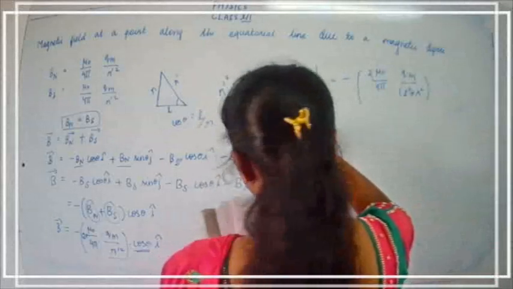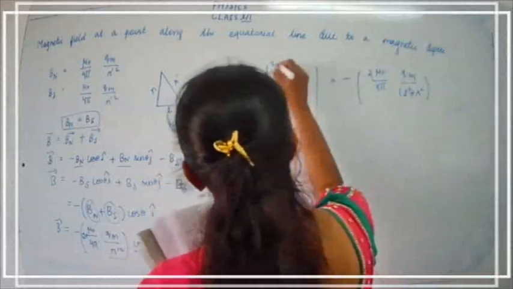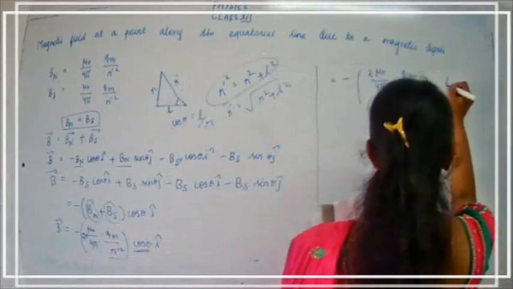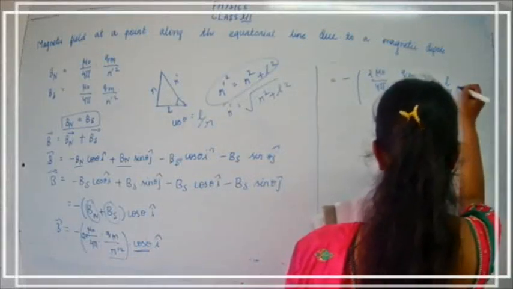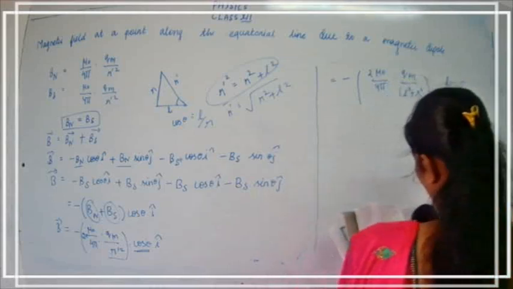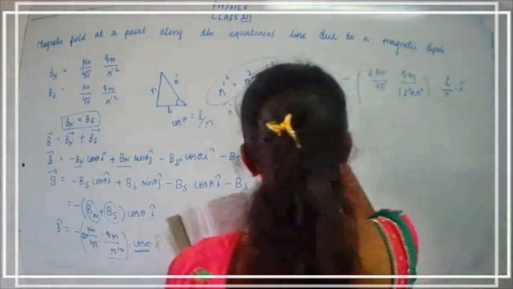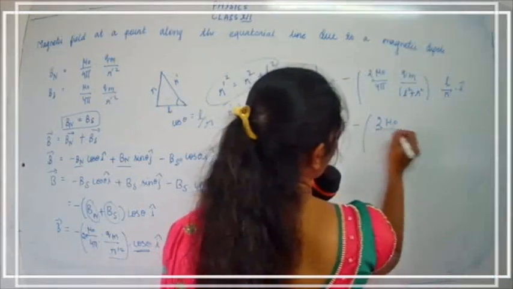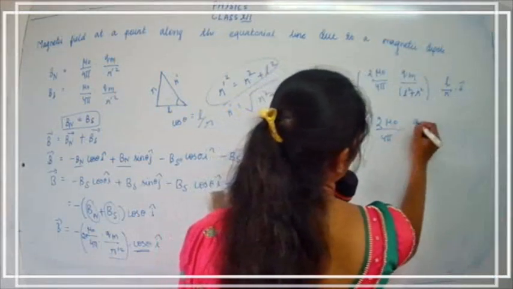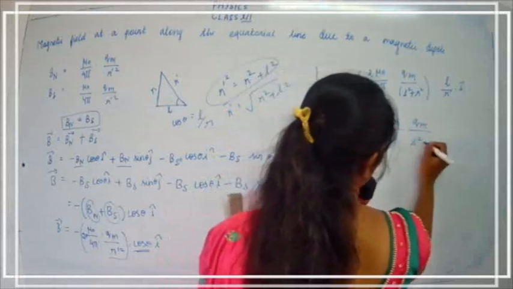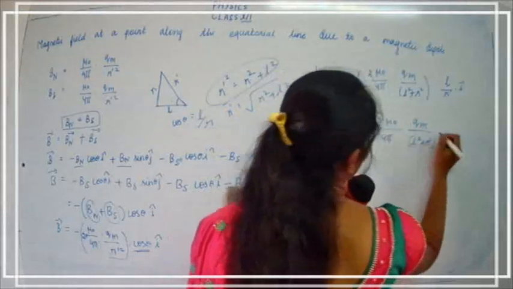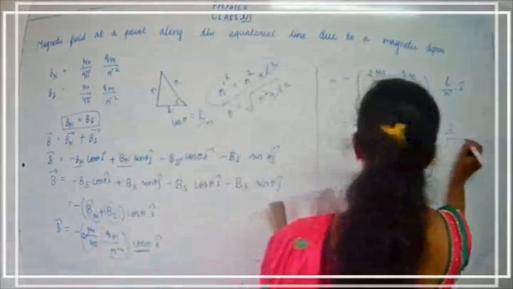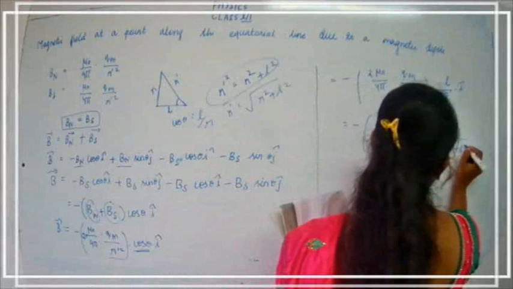And for cos theta, that is L by r dash into I cap, and r dash is root of r square plus L square.